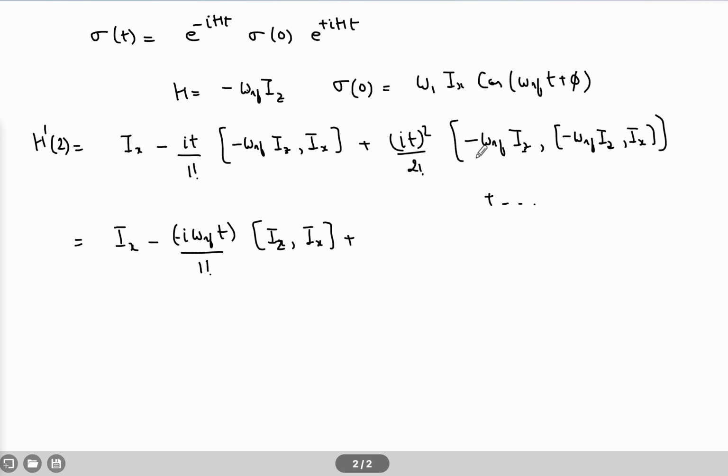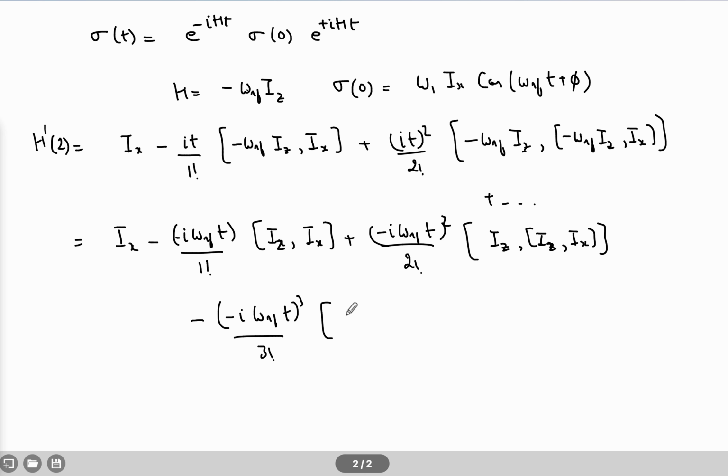Plus, here 2 times minus omega RF, so this will be squared, so minus i omega RF t squared divided by 2 factorial, and I'm left with the double commutator of Iz with Ix. Similarly, the third term will be minus i omega RF t whole cubed divided by 3 factorial, and I will be left with the triple commutator of Iz with Ix, and so on.